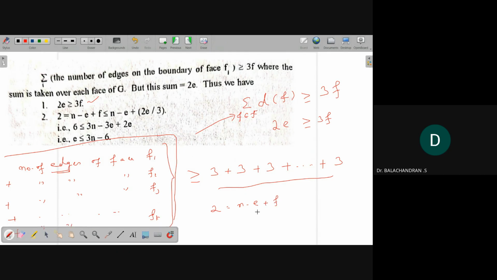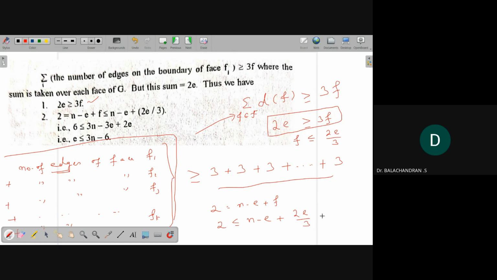Now using this inequality, 2e greater than or equal to 3f, from this f is less than or equal to 2e by 3. So n minus e plus f is less than or equal to n minus e plus 2e by 3. So 2 is less than or equal to this quantity.